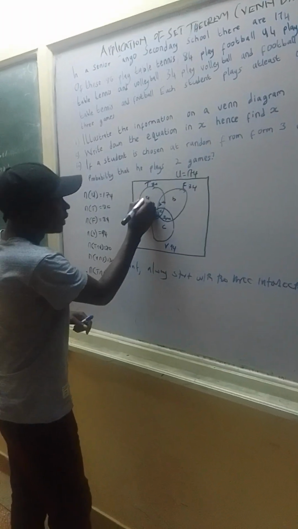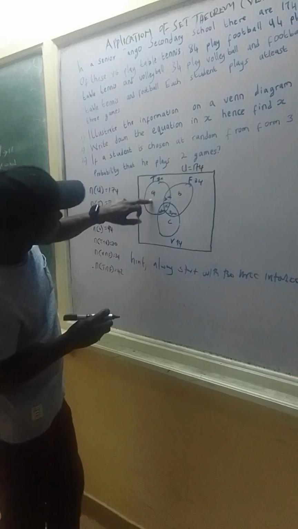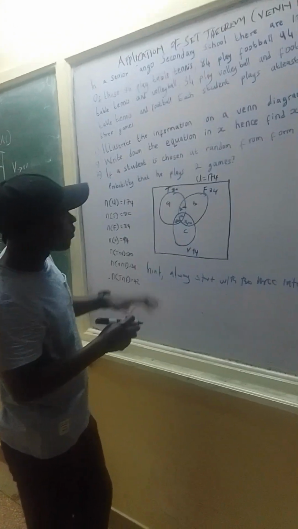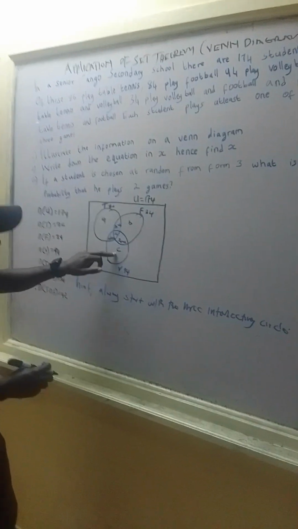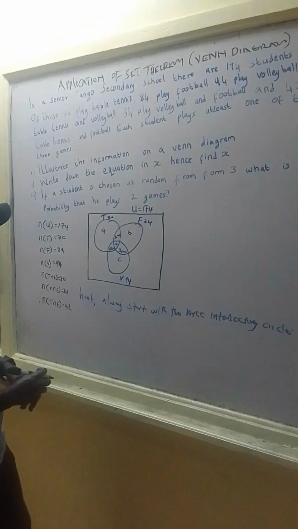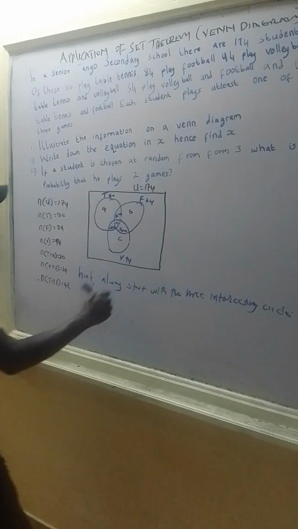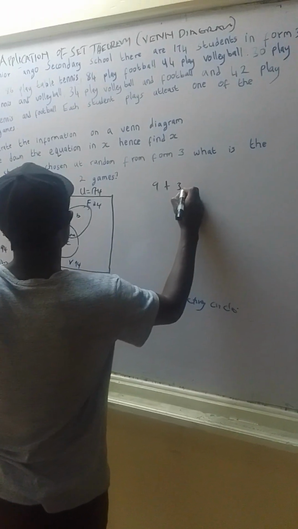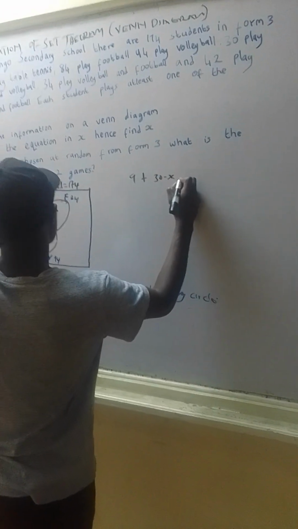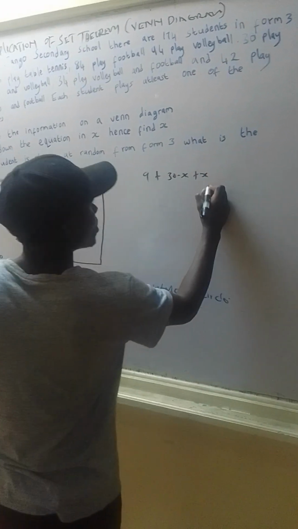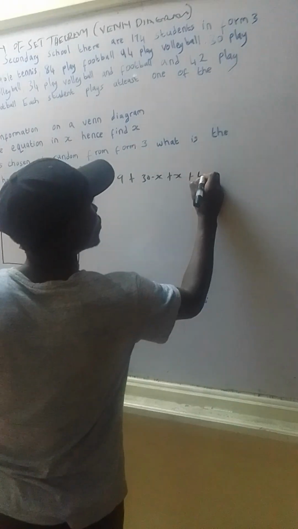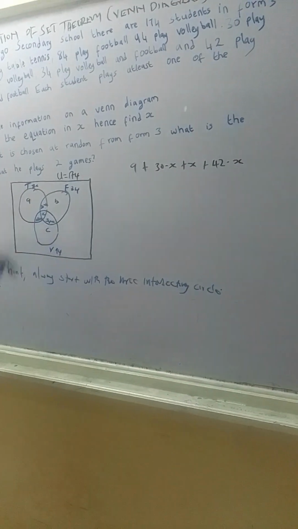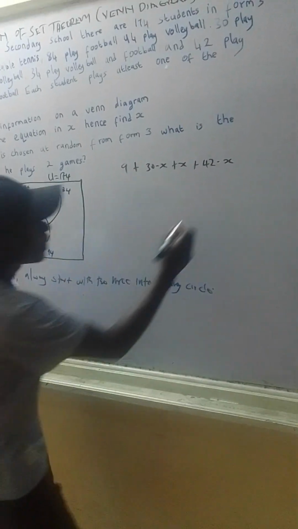So A is the number of students who only play table tennis, B the exact number of students who play football, and C the exact number of students who play volleyball. If I sum A plus 30 minus x, plus x, plus 42 minus x for this part, it should give me 86.